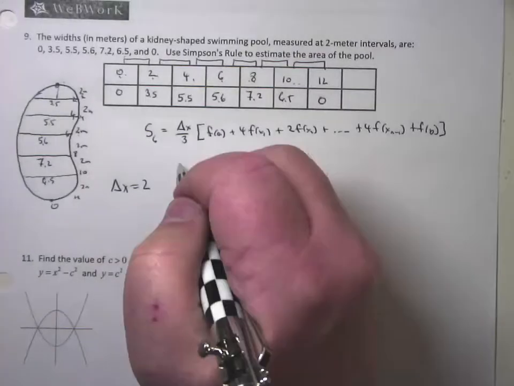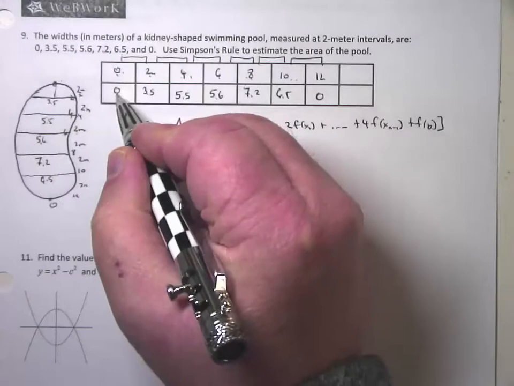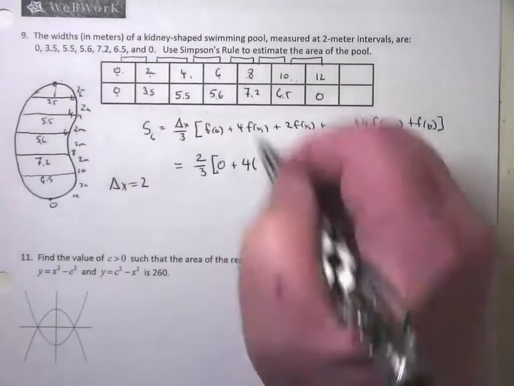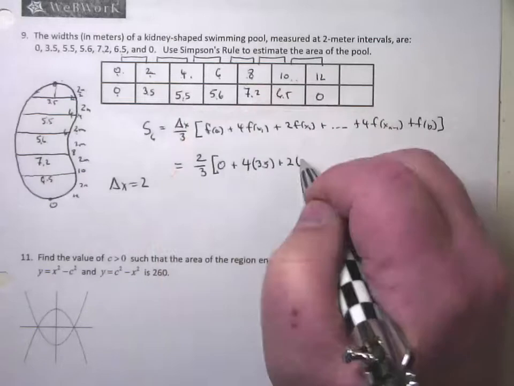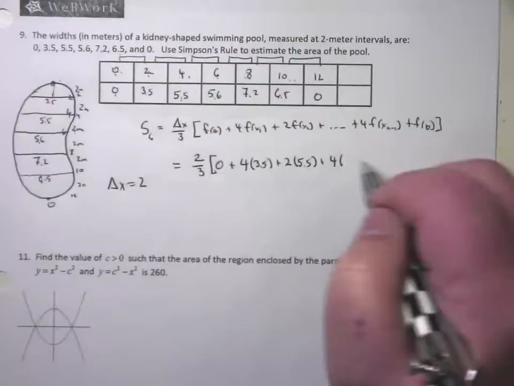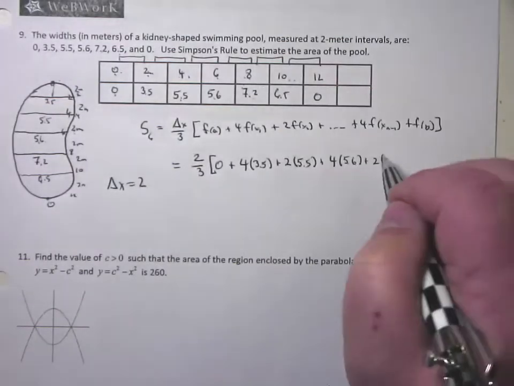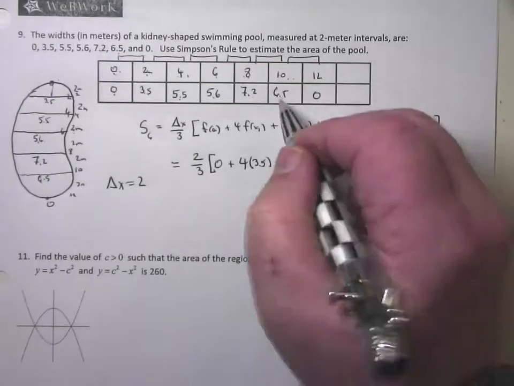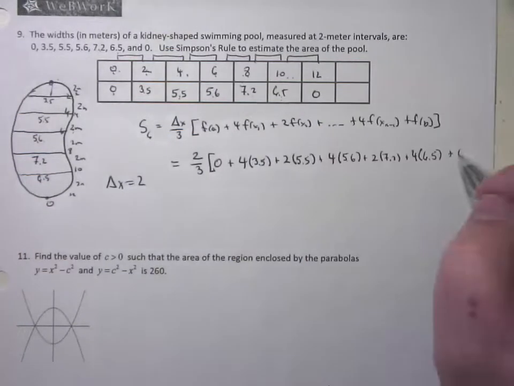So this would be 2 over 3 times f of your A point, your starting point at 0, plus 4 times f of your first internal point, which was 3.5, plus 2 times your next internal point, which was 5.5, plus 4 times your next internal point, which is 5.6, plus 2 times your next internal point, which was 7.2, plus 4 times your last internal point, which is 6.5, plus f of b, you end at 12, which was 0.